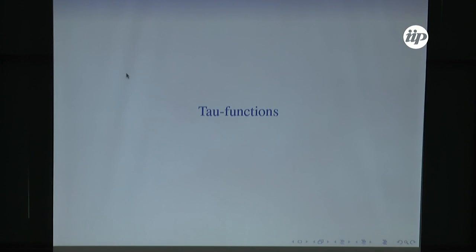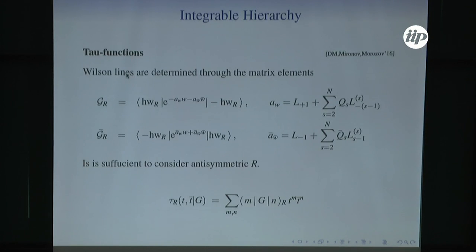So just a bit of connection with integrability. If you look at these matrix elements, this kind of matrix element is studied in the theory of tau functions. Tau functions are generating functions for matrix elements of group elements of a group.